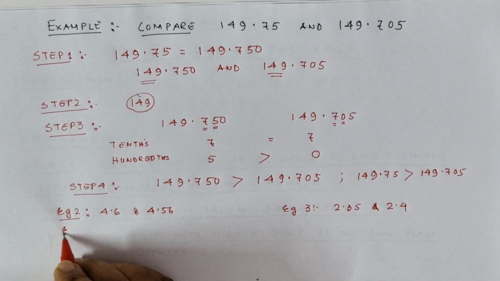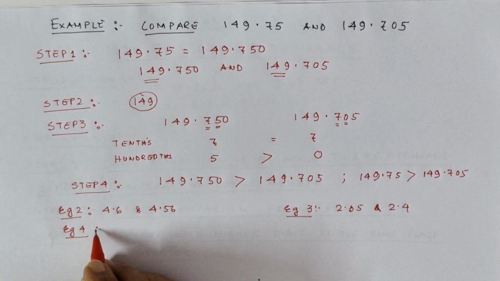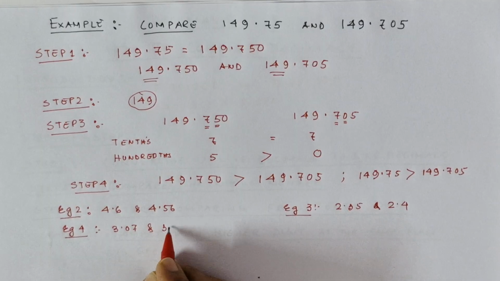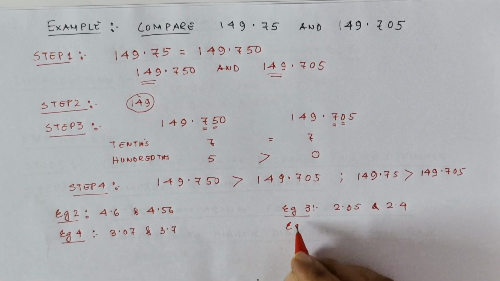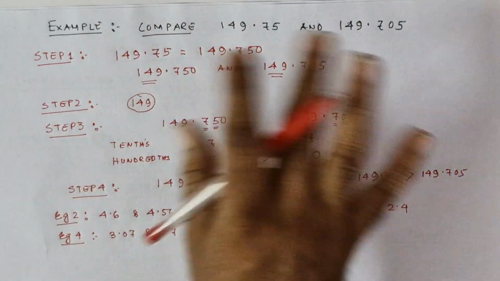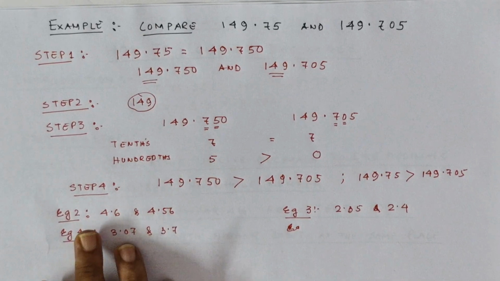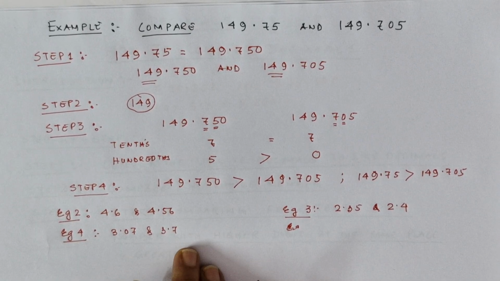Example 4: 3.07 and 3.7. Tell me which one is greater. Example 1 we have worked out, so you know the steps. Now I have given you 3 problems, so please write the answers in the comment box.